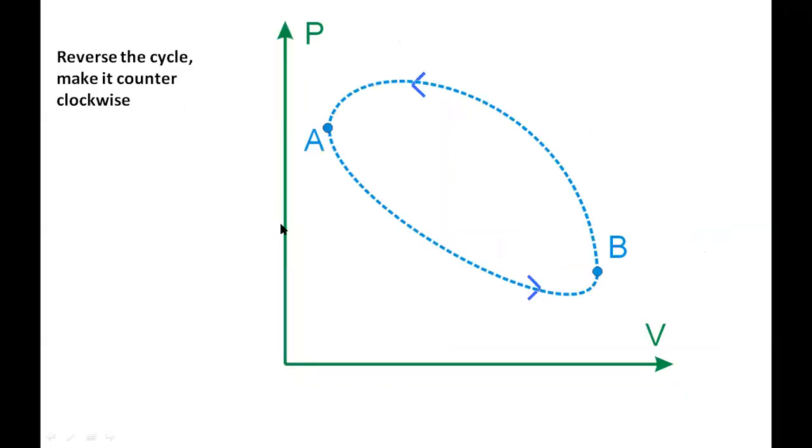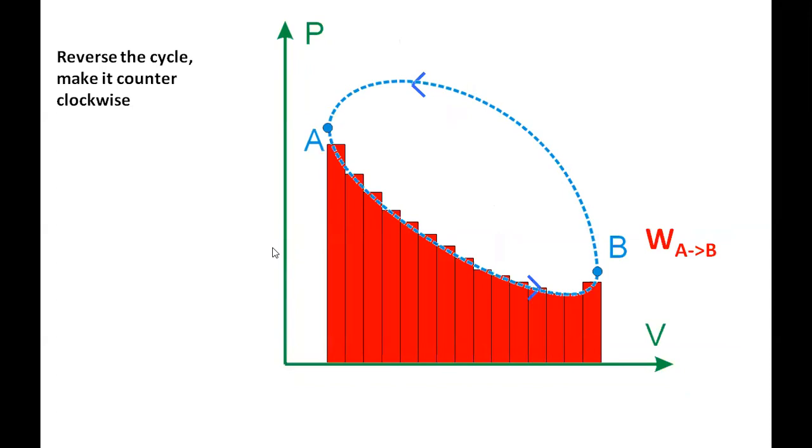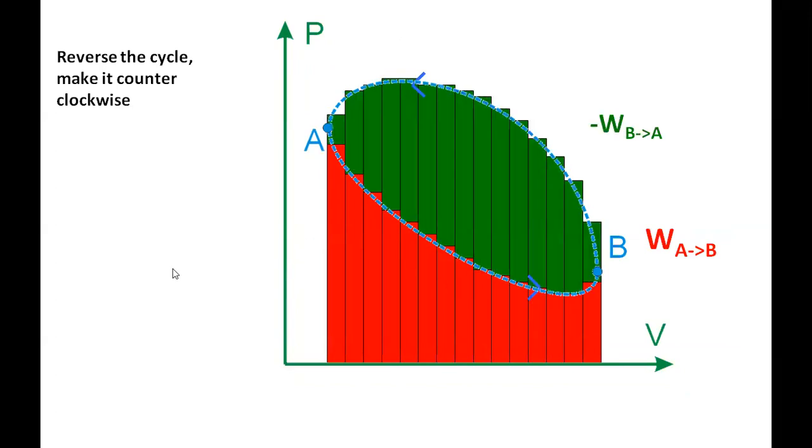And if we have the reverse cycle, make it counterclockwise. So this is work AB and this is minus work BA, the reverse process.